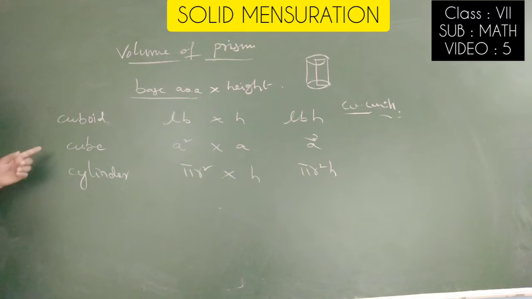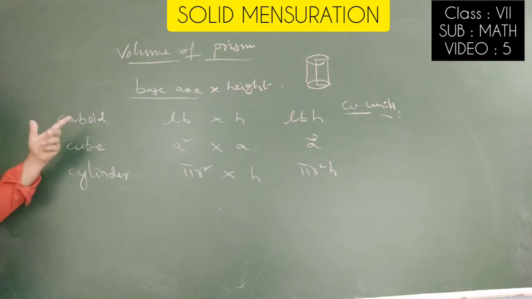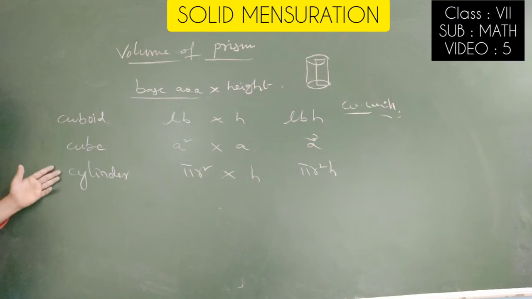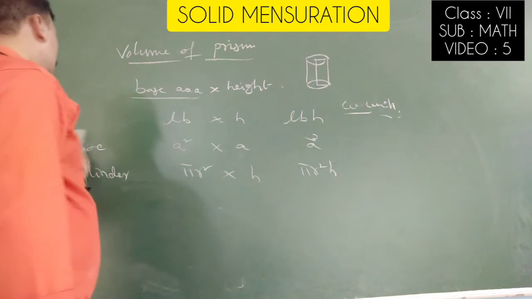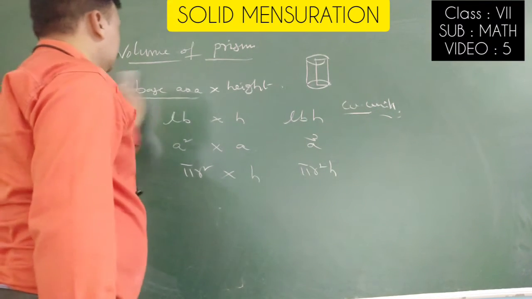Base area into height is the volume of any prism. We discussed cuboid and cube in previous classes, and now in this class, cylinder. That's why I checked all the things once again.